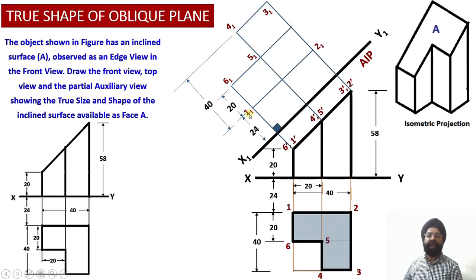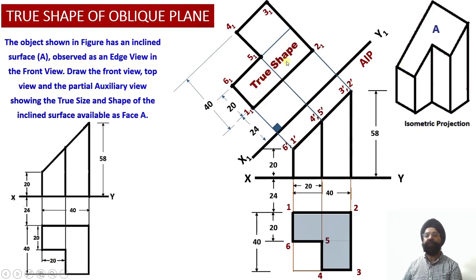In this way, we are able to identify the projections of all the 6 points corresponding to the sectioned cut surface over here, right? So these section cut surface points have been identified and located onto the auxiliary plan view. This provides us with the complete construction regarding the true shape of this section cut surface, which has been marked as surface A over here in the isometric projection.